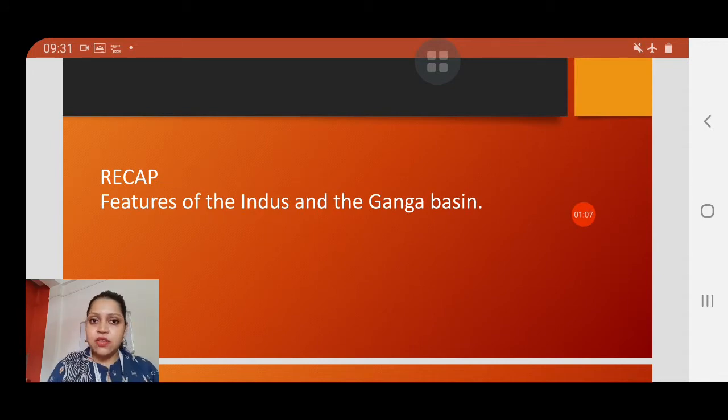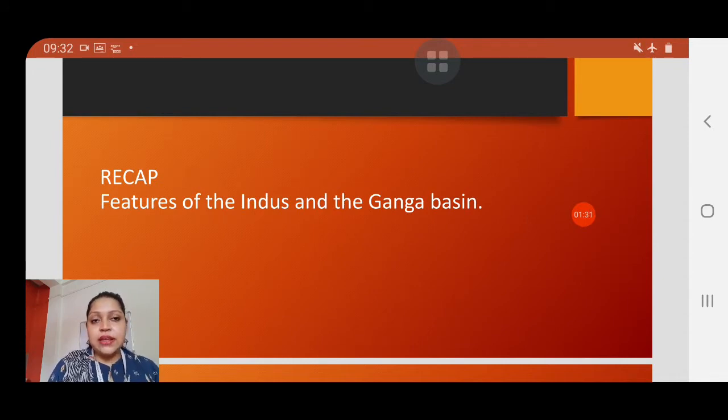So what are the features of the Indus Basin? We have seen that the Indus Basin is made by the rivers Sutlej and Beas. The Indus Basin lies in the northwest of the Northern Plain, the northwest of India.